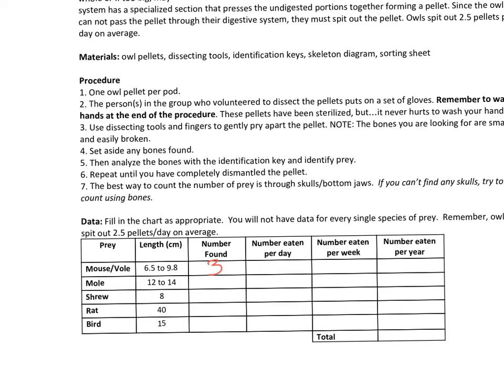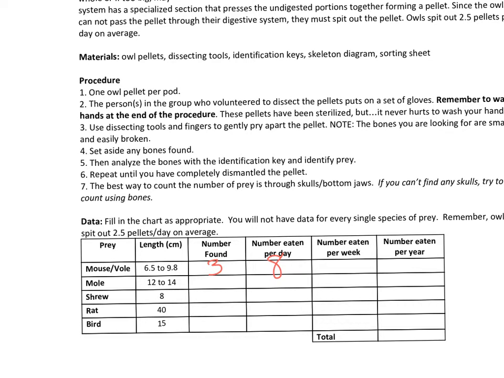3 organisms there. We're going to assume that we have 2.5 pellets a day. So that would be the number of prey eaten per day, 7.5. So let's round up to 8. So 8 organisms eaten per day. And then 8 times 7 would be the organisms eaten per week.